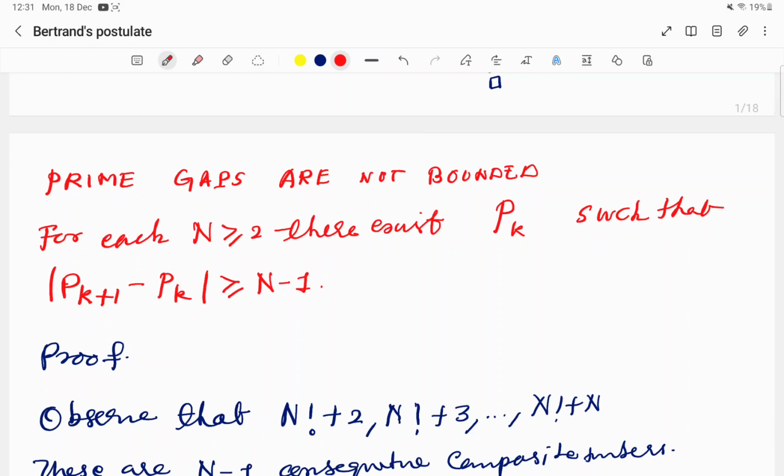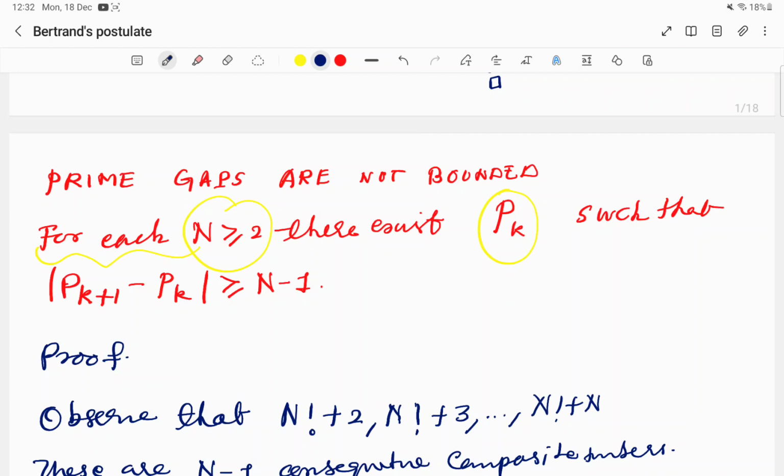We can easily prove that for each n greater than or equal to 2, there exists a k such that you will always get a consecutive prime pair p_k and p_(k+1) whose gap is at least n minus 1. That means at least n, whatever, depending on what.